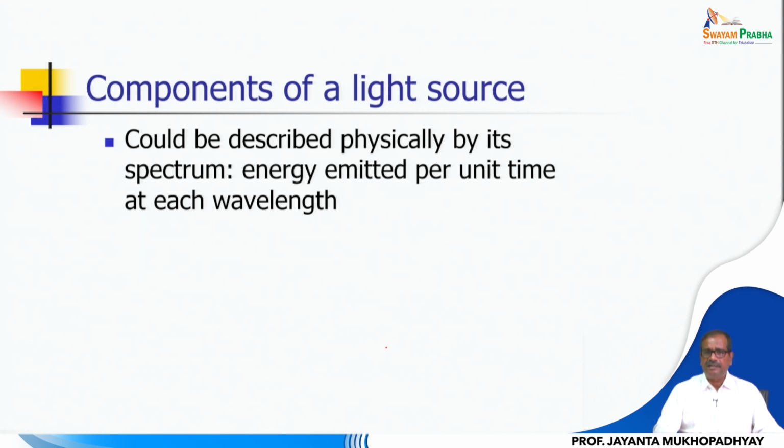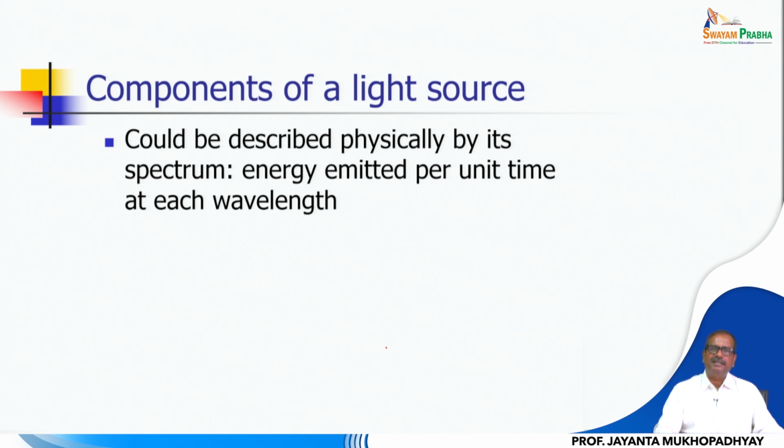So the first component in this pathway is the light source, the basic cause of color sensation. How is a light source characterized for this color experience? As I just mentioned, a light source contains several electromagnetic waves of different wavelengths. The amount of energy for each wavelength in that optical band and their relative distribution can characterize a light source.